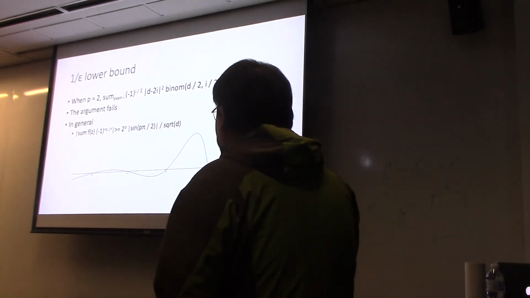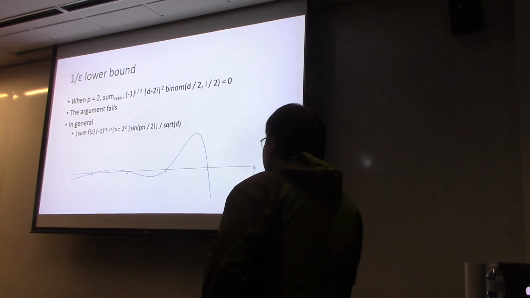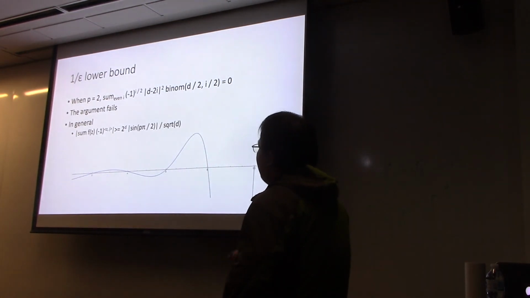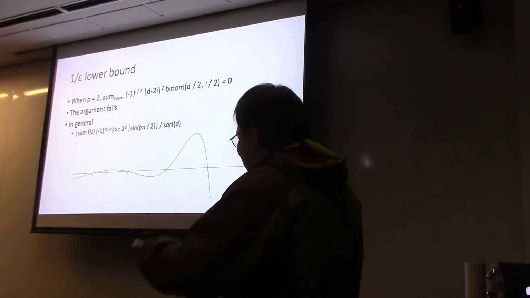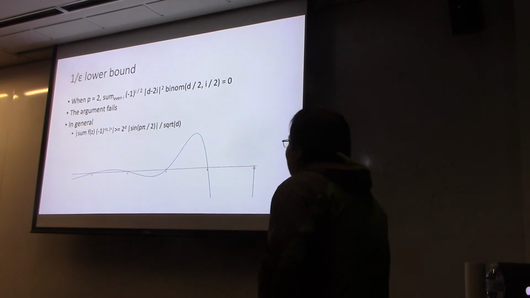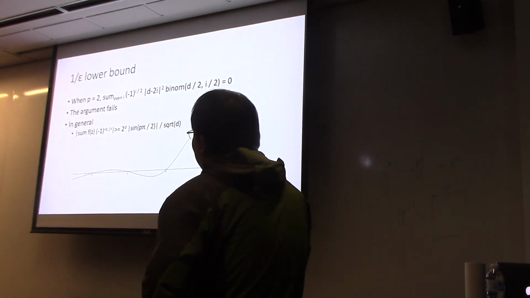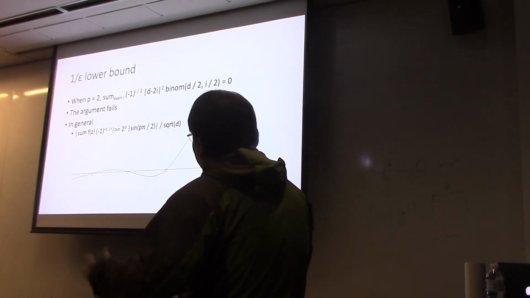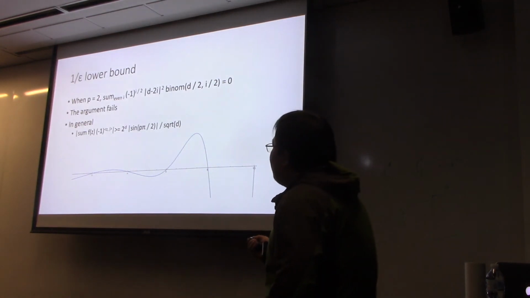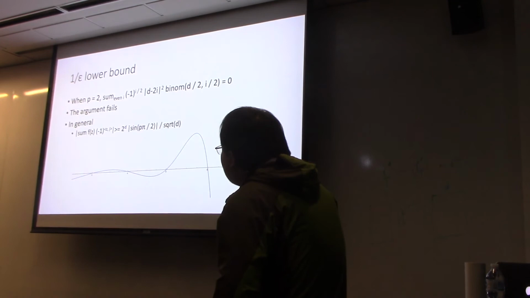And we did not know how to lower bound these Fourier coefficients, because there are some very hard binomial summations. But finally, we found something that was also studied in math, where people show that these Fourier coefficients will be larger than 2 to the d over root d times this sine of p pi over 2 function.